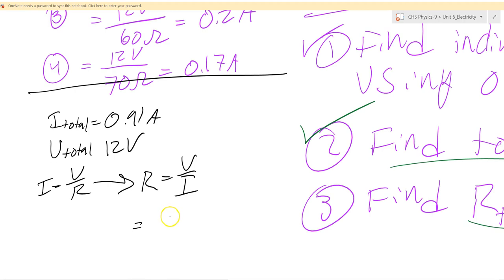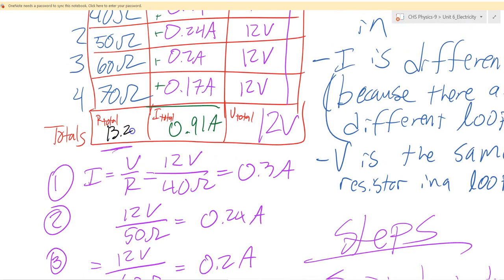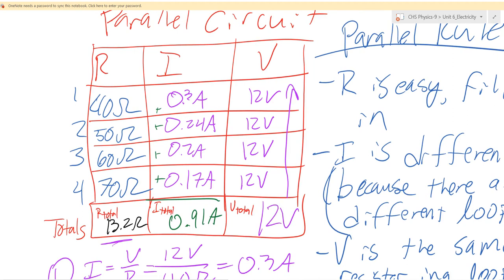We end up with 12 volts divided by 0.91 amps, and we end up with 13.2 ohms. And that's it. We solved all of the different things.